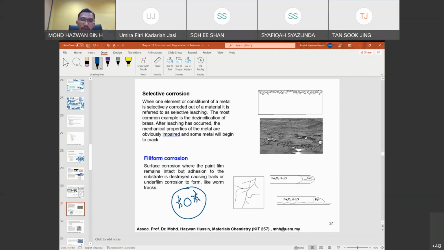This one we call filiform. Don't be confused with pitting corrosion, because pitting corrosion occurs only on the passive layer where the passivation layer fails. But filiform occurs underneath a coating, for example paint, or any seal.